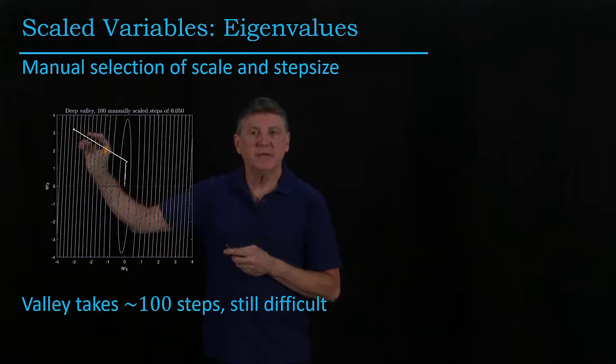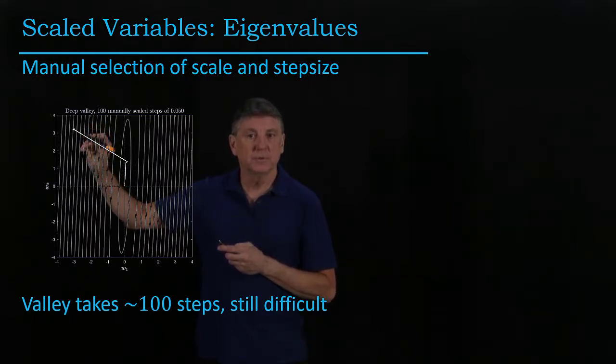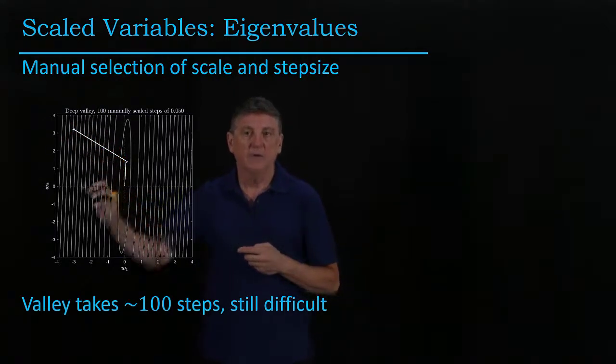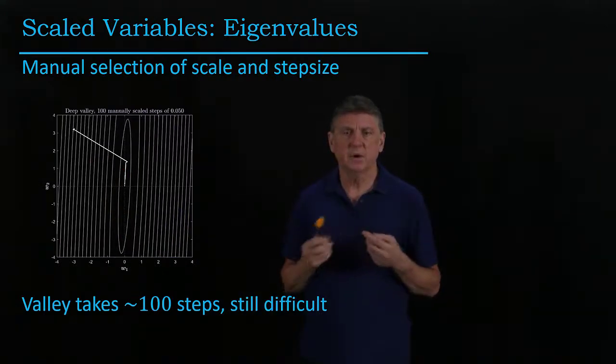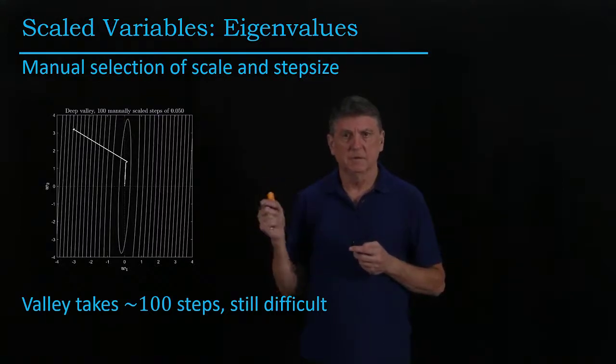Instead, what's happening is that that B matrix is taking that steepest descent and altering it, in this case, towards the minimizer, and we're getting a faster approach into the valley. However, it's still imperfect. There are still some problems, and these problems have to do with the conditioning of the variables.